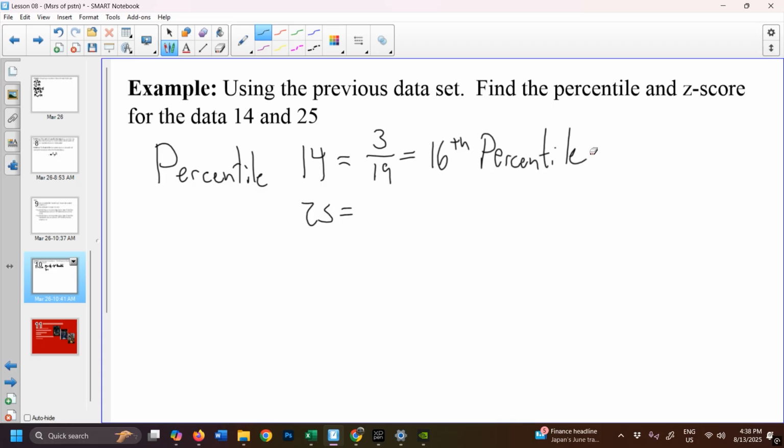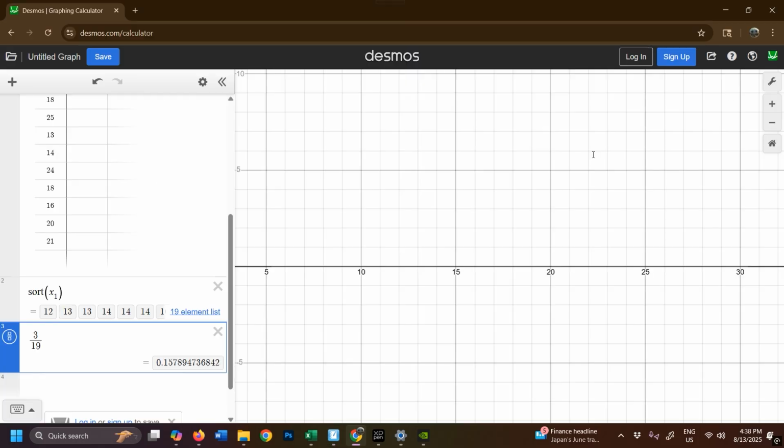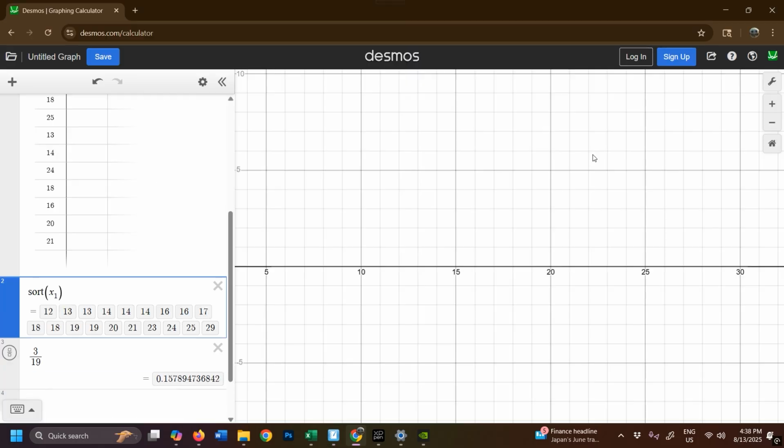Now, I don't need to retype all of that. I can just come over to here. To calculate the 25, I'm going to make the same count. So I'll count all of the values below 25: 1, 2, 3, 4, 5, 6, 7, 8, 9, 10, 11, 12, 13, 14, 15, 16, 17. There are 17 pieces of data.